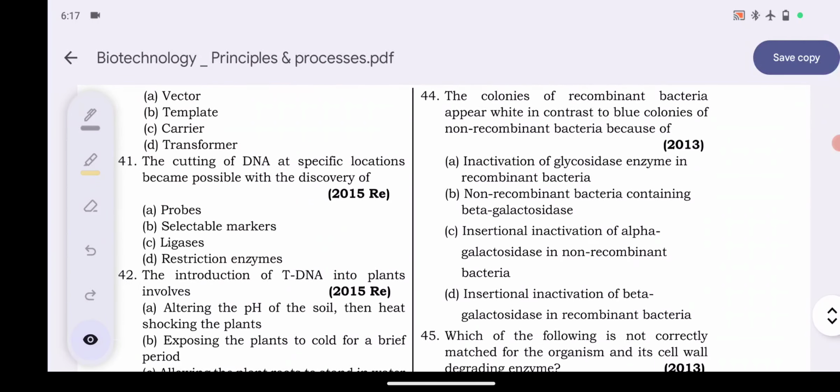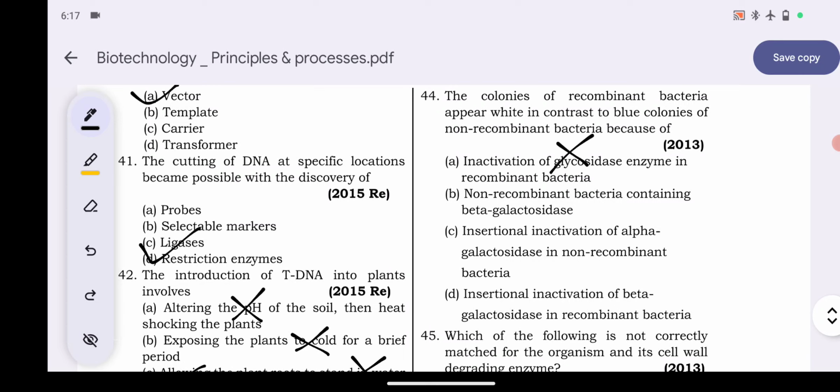Question number 44. The colonies of recombinant bacteria appear white in contrast to blue colonies of non-recombinant bacteria because of. Option A, inactivation of glycosidase enzyme in recombinant bacteria.